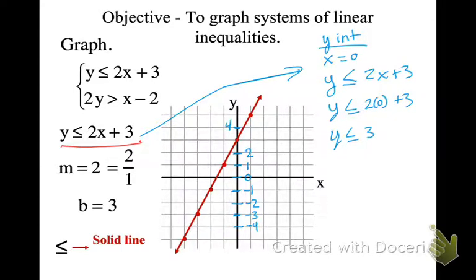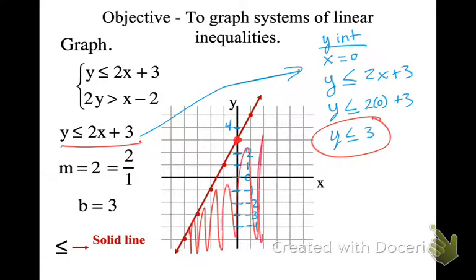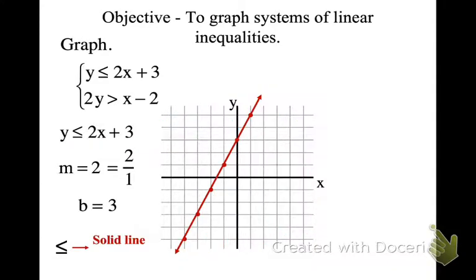Okay, so where are the numbers less than or equal to? Just on the y-axis, that's all I'm looking for. Where are the numbers less than 3? It would go below that y-intercept. So below is where I shade in all the way across. Okay, so I'm going to shade down.